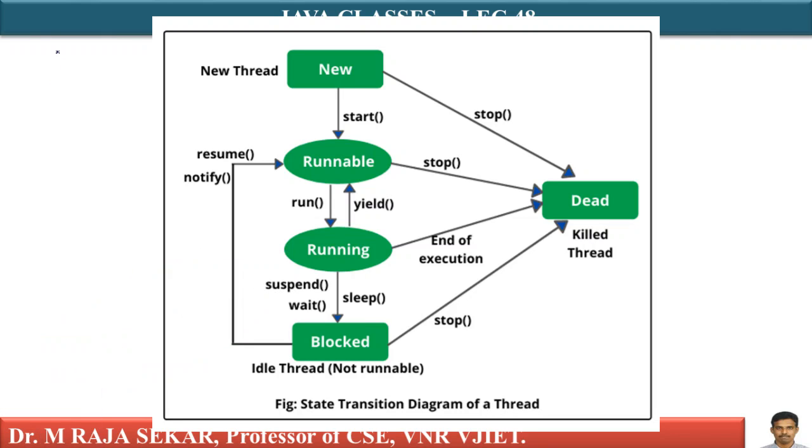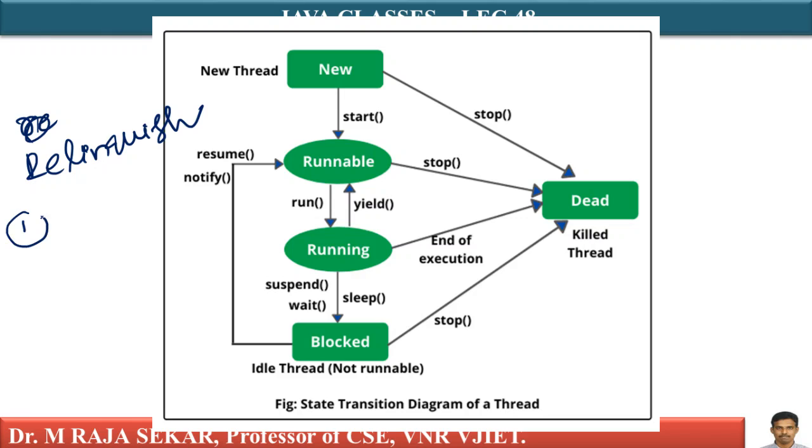A running thread may relinquish control on its own, or it relinquishes when it is being preempted by a high priority thread. A running thread may relinquish control for 3 reasons.